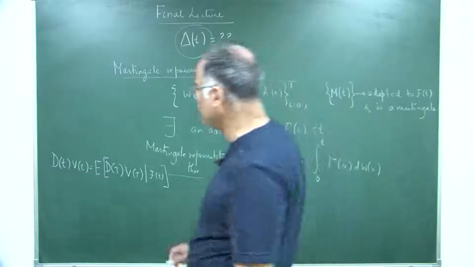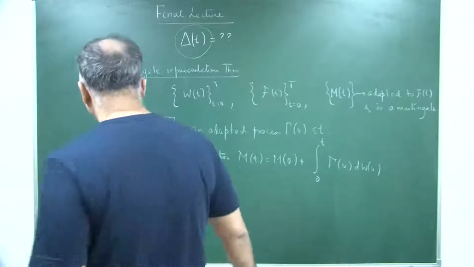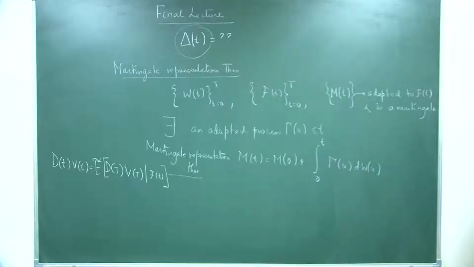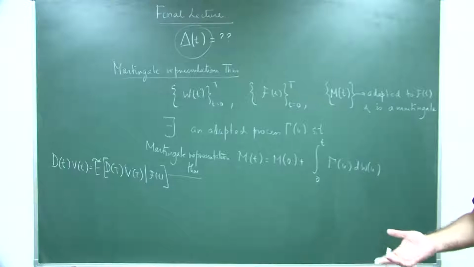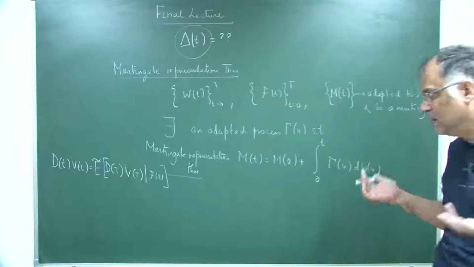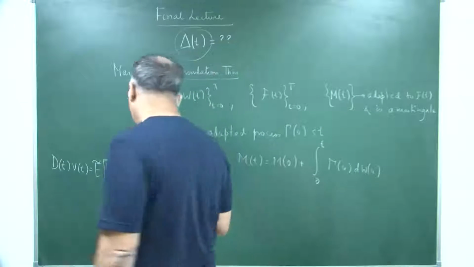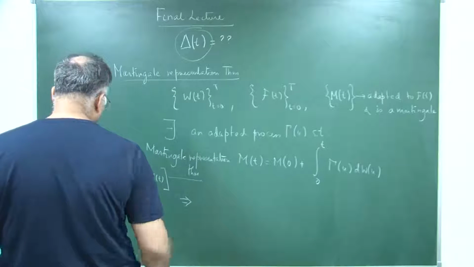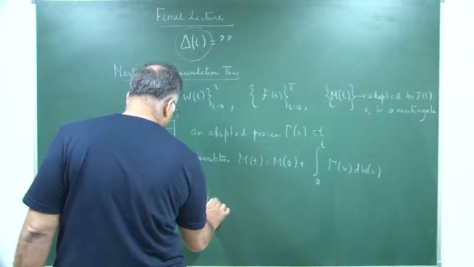You can prove, in the risk neutral measure, this is a Martingale. I do not want to prove it, it is just the same thing that we have done earlier. Now, if this is a Martingale, then it must have a representation.